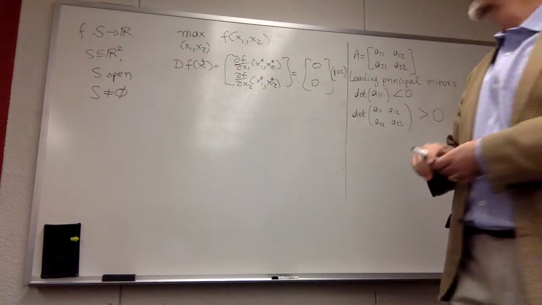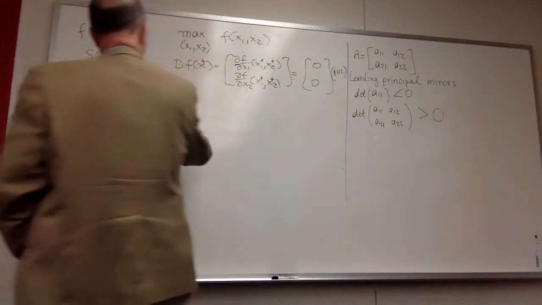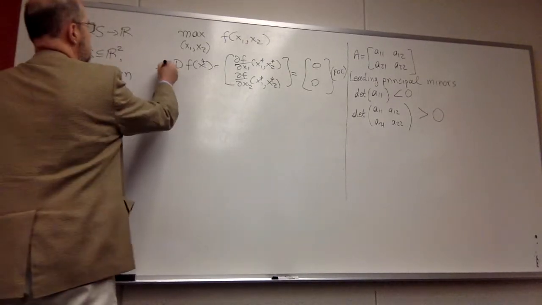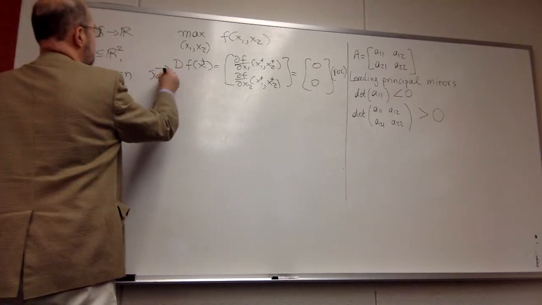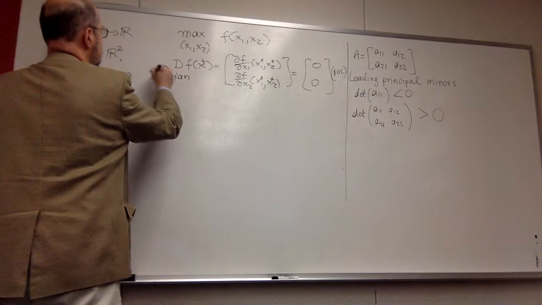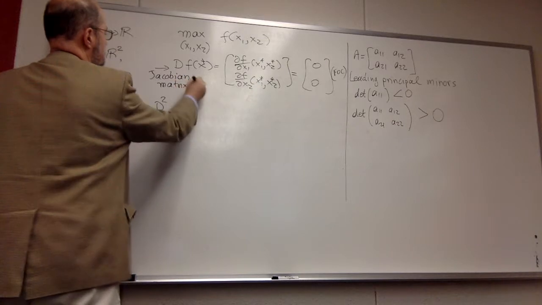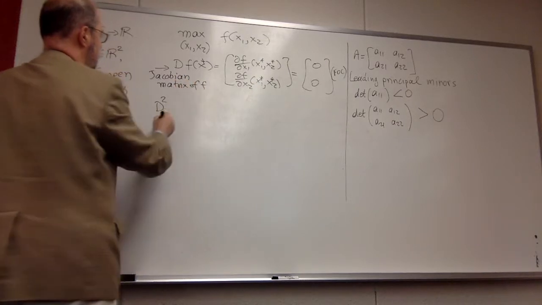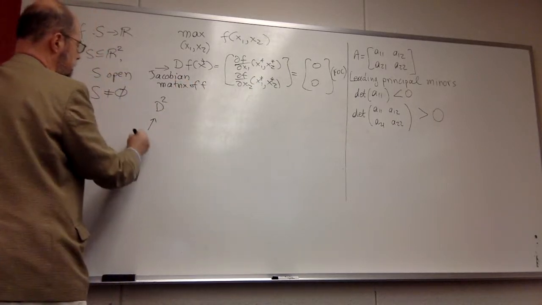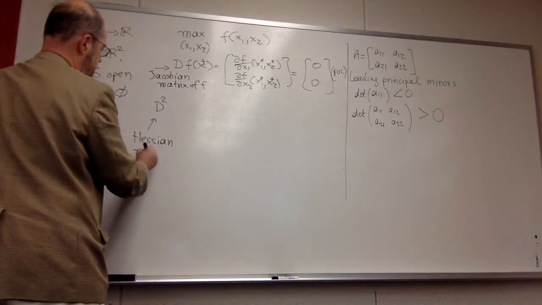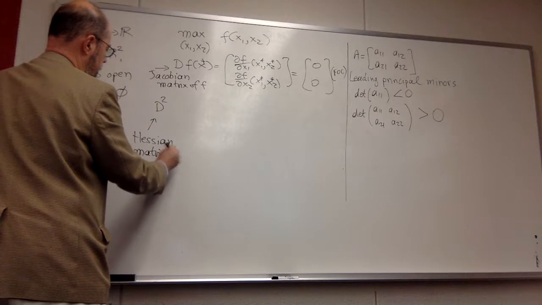Okay? So what is that? I will write the Hessian matrix. This is called the Jacobian matrix of the function f. And this is going to be the Hessian matrix of f.